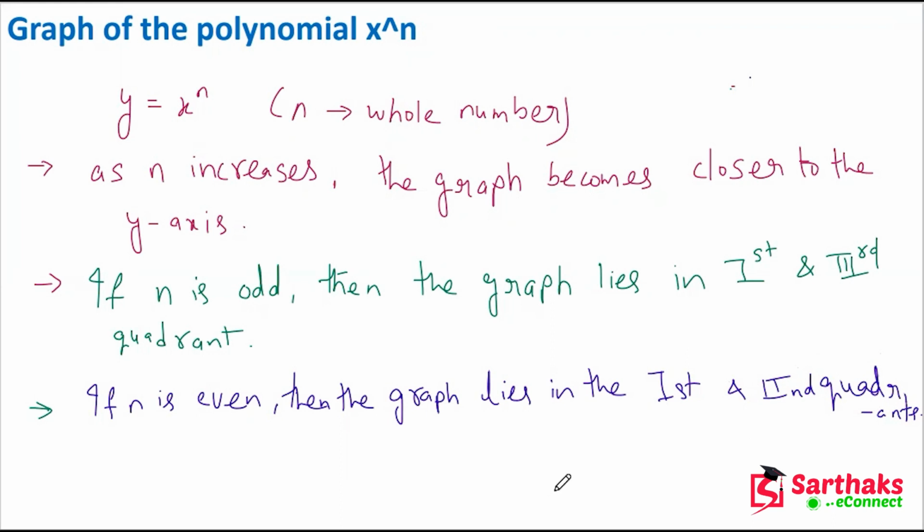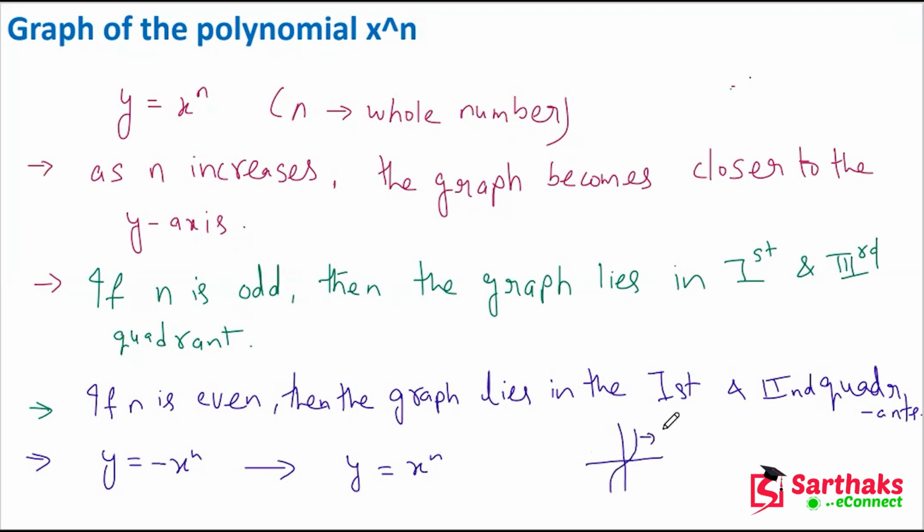is the reflection of the graph of y equals x raised to power n on the x-axis. Means if we have a graph like this, y equals minus x raised to power n, then it is the reflection of what graph? y equals x raised to power n on the x-axis. Suppose it becomes like this.